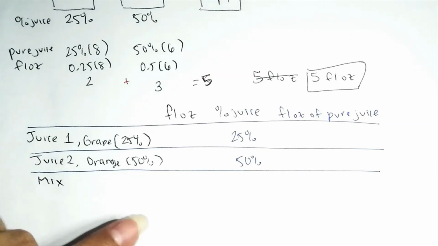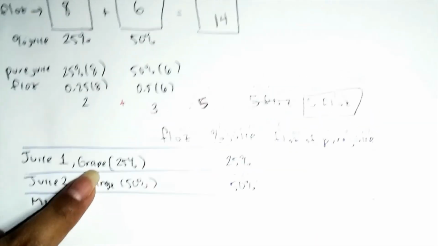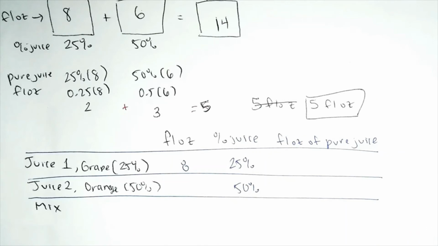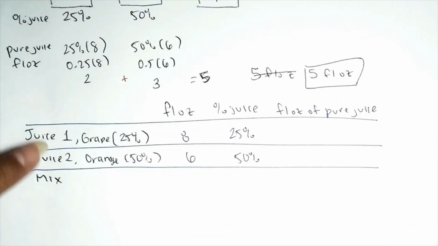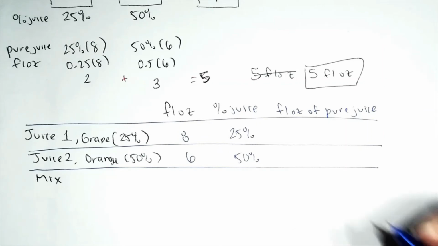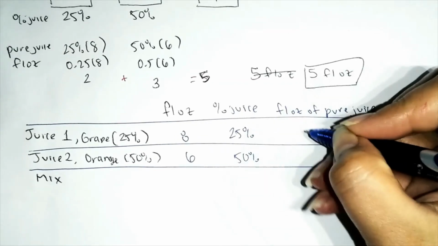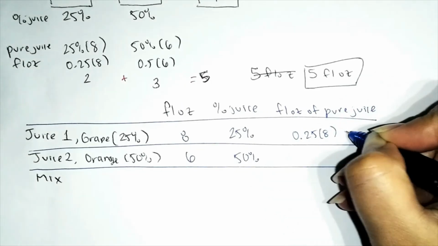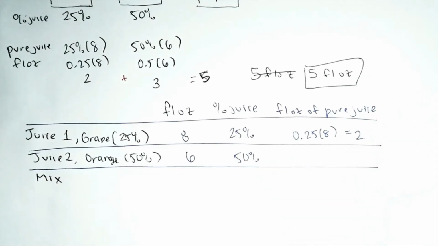So how much liquid do I have of the grape? We have 8 ounces, and the orange juice was 6 ounces. How much pure juice do I have in these first two? The first one is 25% juice, so we put percent times 8, 0.25 times 8, which gives us 2.